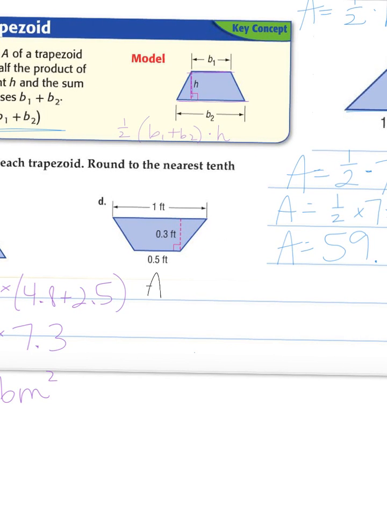All right, next one. Area equals 1/2 times the height. We're looking for that side that makes a 90-degree angle. 0.3. Add your bases together. 1 plus 5/10.